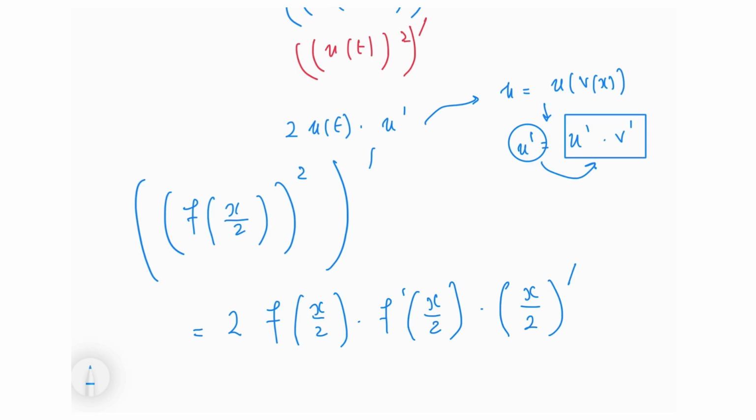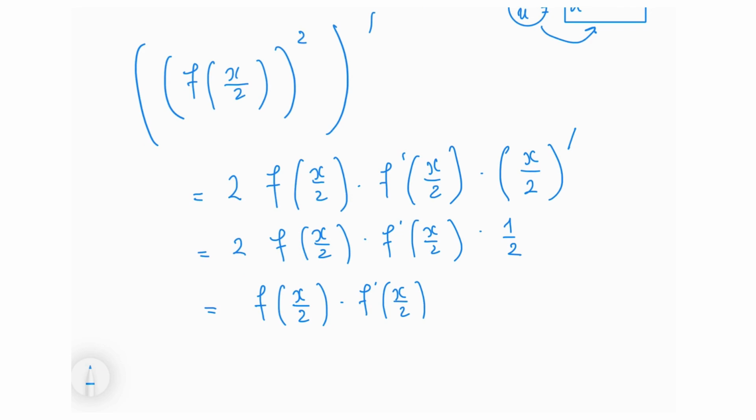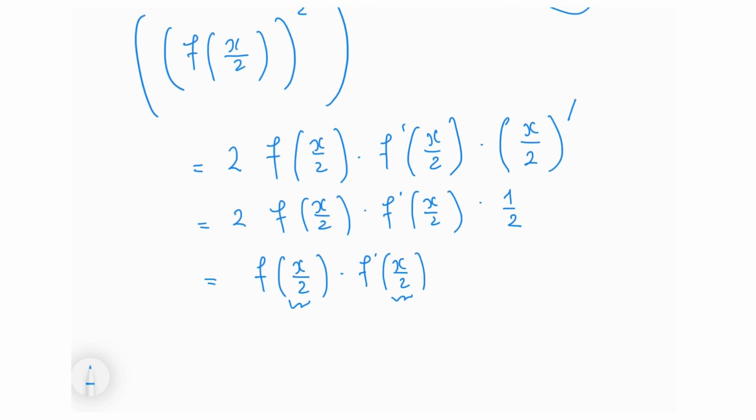You can again pause the video and take a look carefully at this. And now we can write this is 2 f of x over 2 times f prime x over 2 times 1/2. So that the derivative of this is f of x over 2 times f prime x over 2. Now let us forget for the moment about x over 2, and we can just write formally that that is f times f prime.